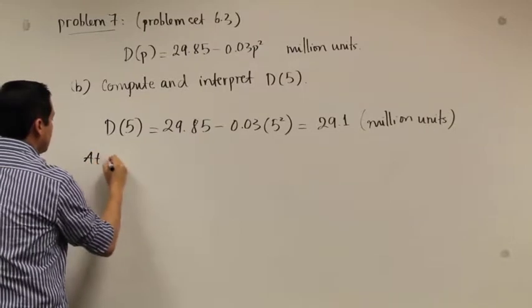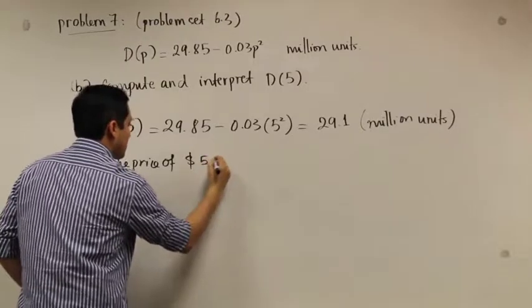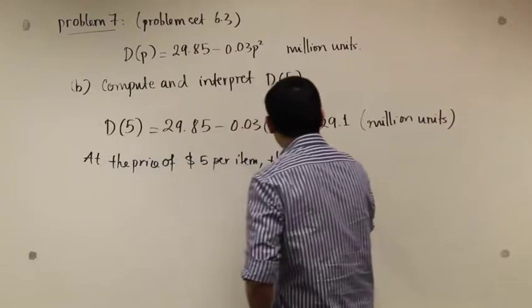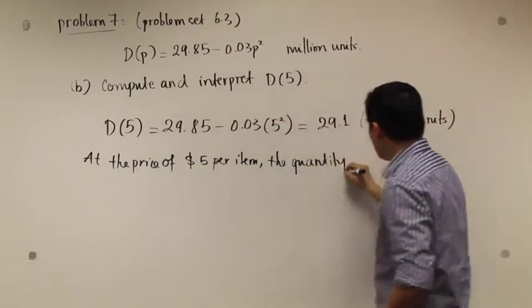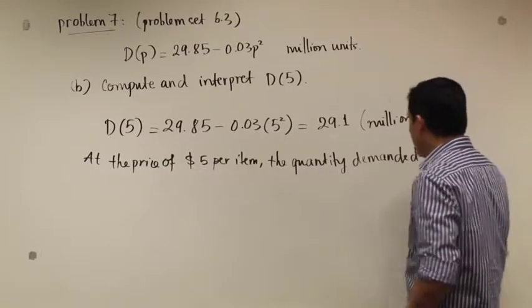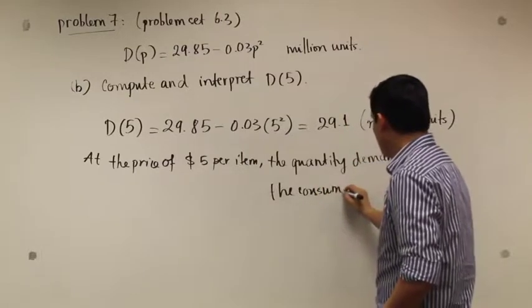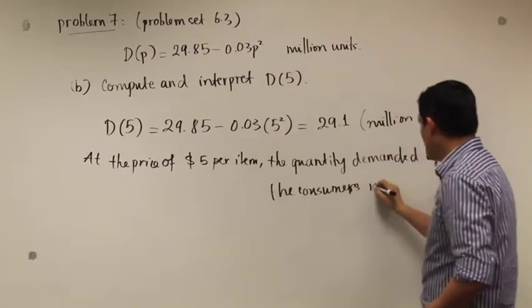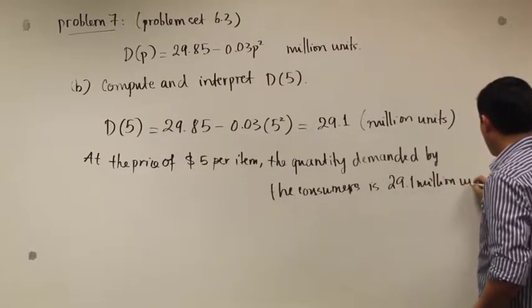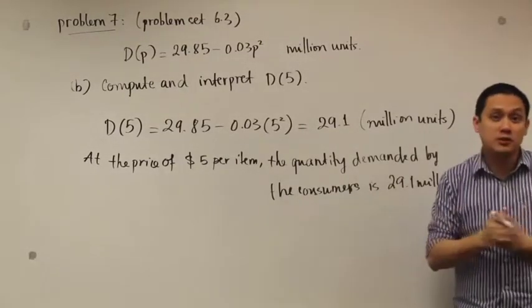So at the price of $5 per item, the quantity demanded by the consumer is 29.1 million units. So now that is part B. Now let's move on to part C.